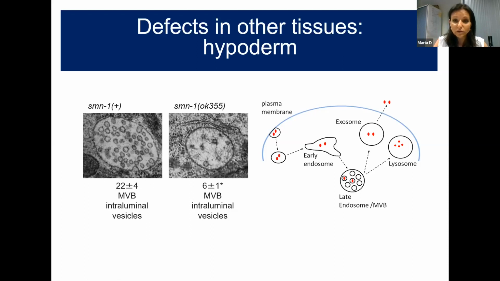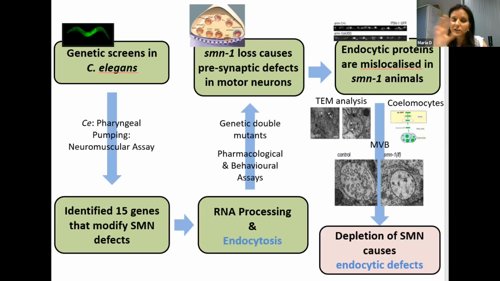And this was fascinating because we identified another interesting characteristic that pinpoints to the fact that when SMN levels drop, endocytosis is highly perturbed in the C. elegans SMA model. So this is a very quick summary of almost 5 years of work.